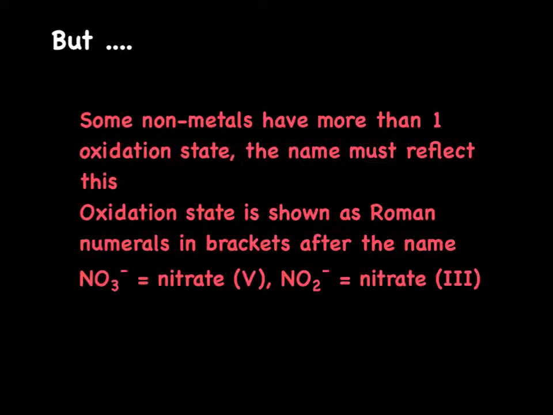Now, from our naming convention, both are called nitrates, but which one am I talking about? If I'm talking about the NO3-, I would call it nitrate 5, because in this case, the oxidation state of the nitrogen is 5+. If I am talking about NO2-, then I would call it nitrate 3, because the nitrogen in this case, the oxidation state is 3.